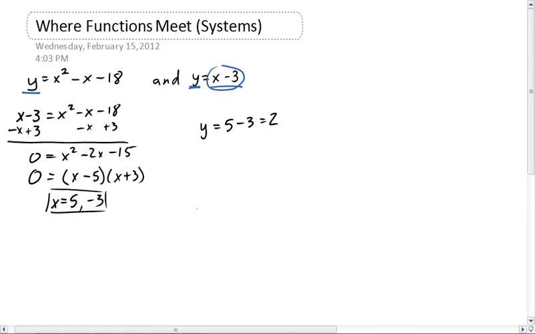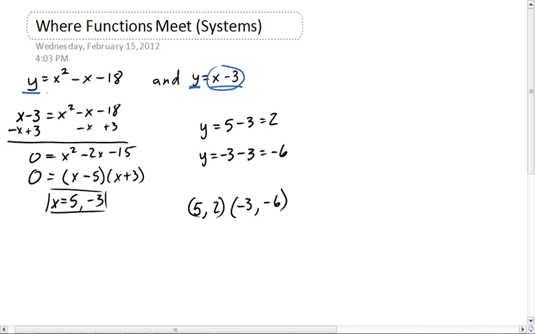That means when x is 5, y is 2. So there's one point. We also need to put in negative 3. So y equals negative 3 minus 3, which is negative 6. So when x was negative 3, y is negative 6. Those are the two points where they should be crossing, the x and y values that work for both situations.